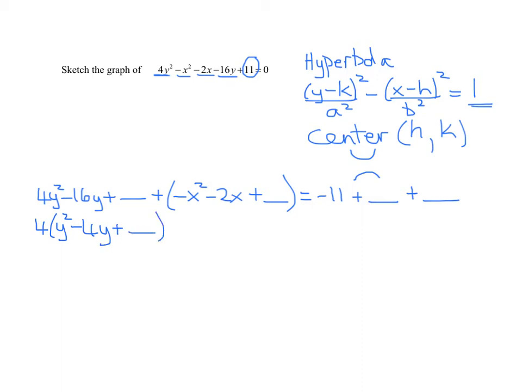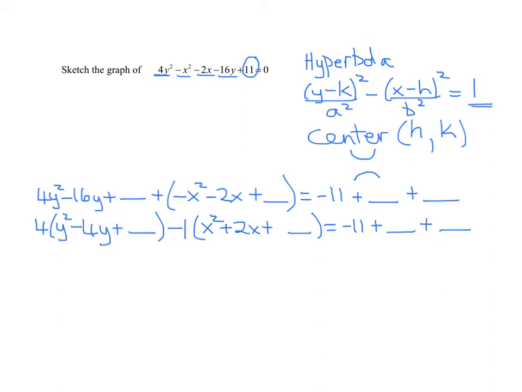Now I'm going to factor a negative out from here. We don't like to put plus a negative, so I'm going to have minus, and just to help out, I'm going to put a 1 there because I'm factoring out a negative 1. What is that going to do to these two terms here? It's going to change the sign in the parentheses. So I'm going to have x squared plus 2x plus a blank equals negative 11 plus a blank plus a blank.